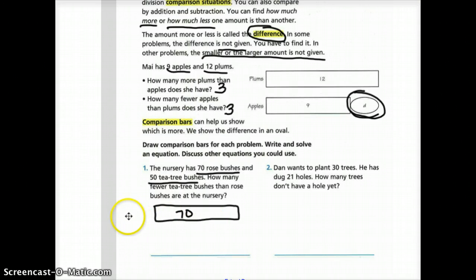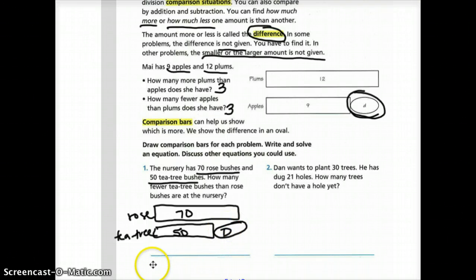And this is rose. I have 50 tea tree, and this is my difference. So that means 70 minus 50 equals the difference. So there are 20 fewer tea tree bushes.